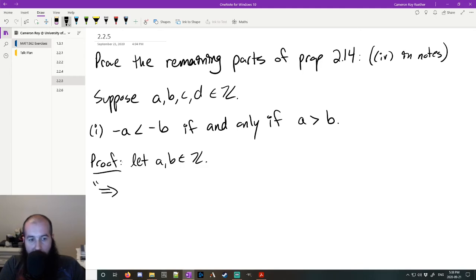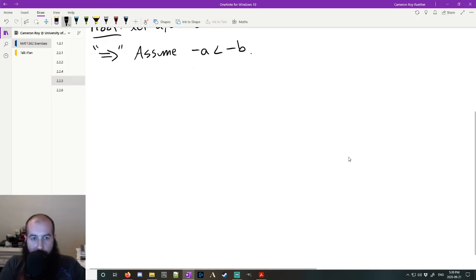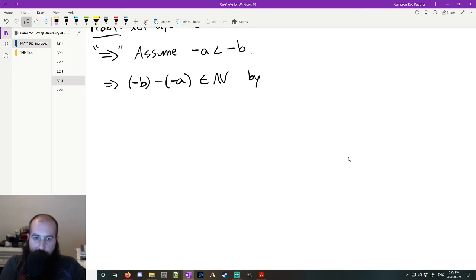Now in the forward direction, we're going to assume the left-hand side. So assume that negative a is less than negative b. By definition, this means that negative b minus negative a is a natural number.